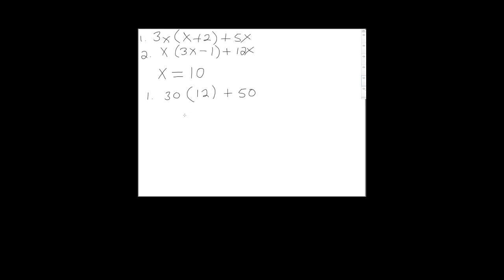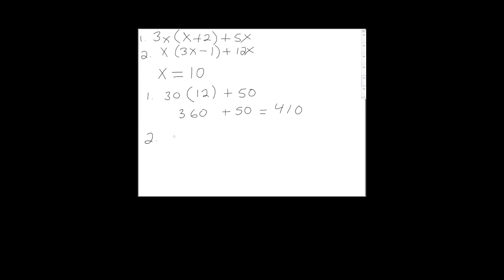So let's see, 30 times 12, okay, 30 times 12, that's going to give us 360 plus 50, and if I add those together, that's looking like 410. Let's look at 2.